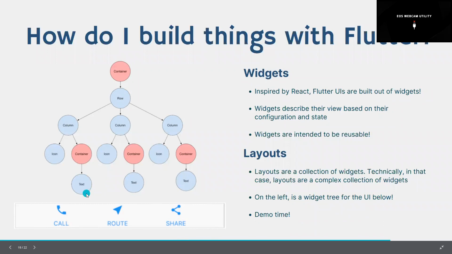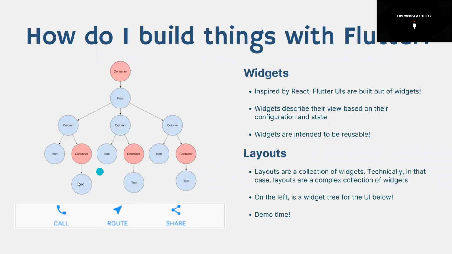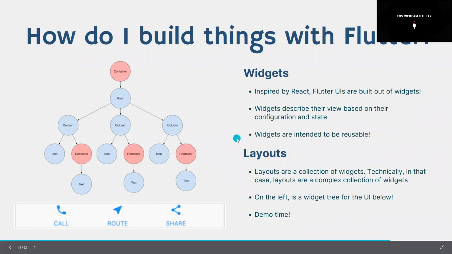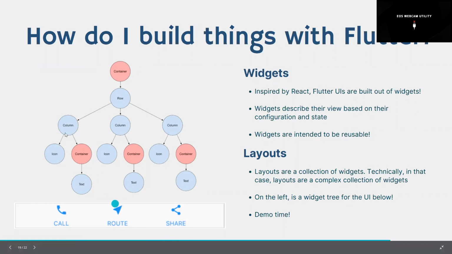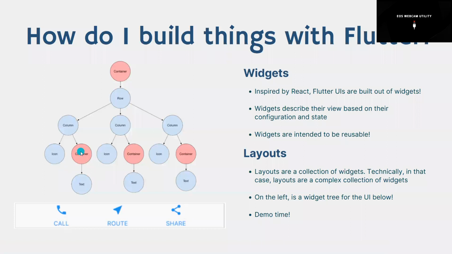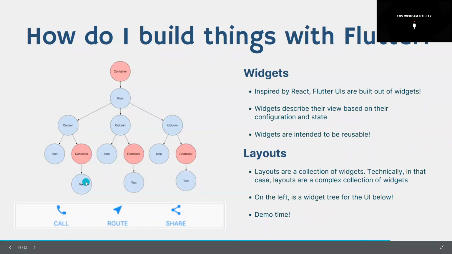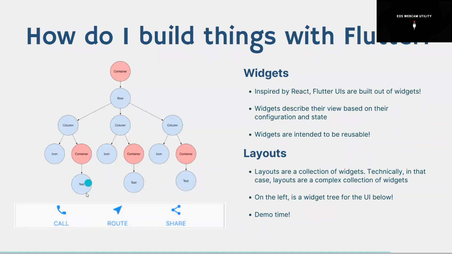And within this row, we have 3 separate columns. You can think of these 3 separate columns as each one of these sections. So within a column, this is one column, this is the second column, and this is the third column. And within each column, we have an icon and a container, and we have some text associated with that container.